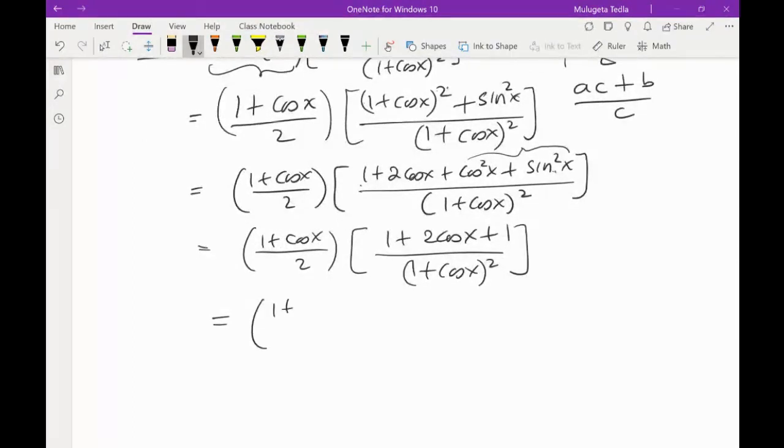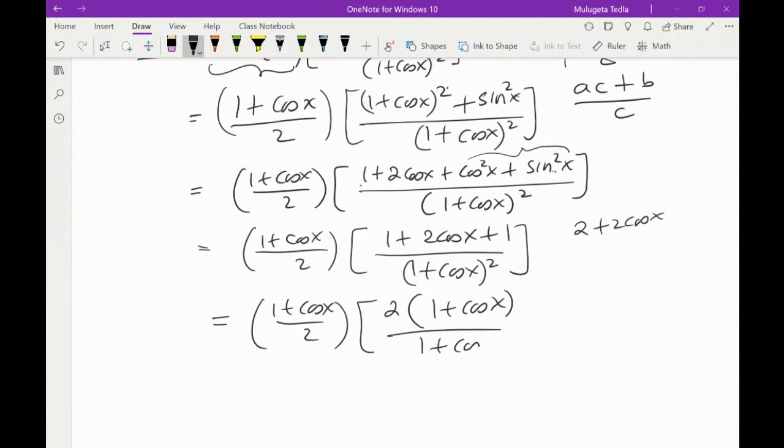So this is 2 plus 2 cos x. You can factor 2: 1 plus cos of x over 1 plus cos of x the whole squared. So 1 plus cos x cancels with one degree of 1 plus cos x in the denominator. The 2 will cancel with the other 2. It gives you 1.